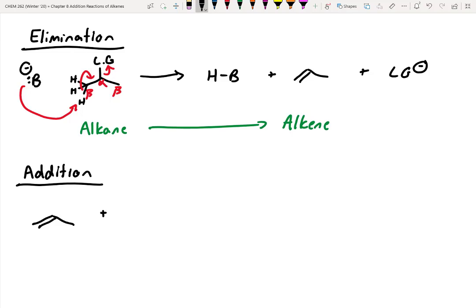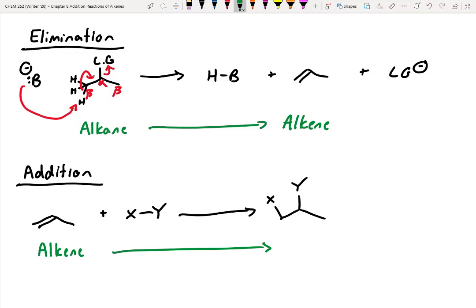And then you treat it with some sort of new electrophile, which I'm just going to abbreviate as X and Y. And when this happens, you can get X and Y to basically add to the positions where the double bonded carbons were. So X and Y will now be covalently bonded to the carbons that were formerly a part of that alkene. So in this situation, we're going from an alkene to an alkane.